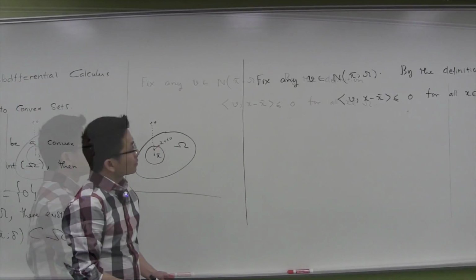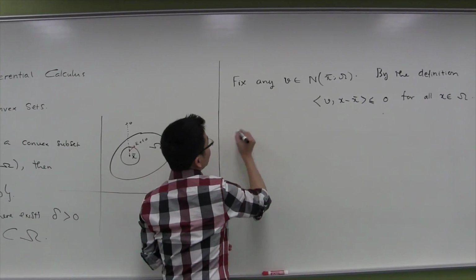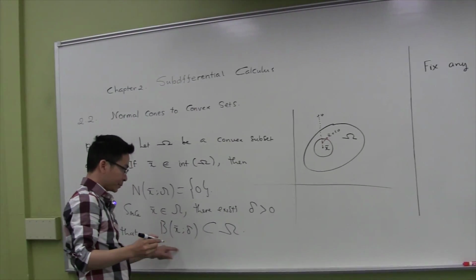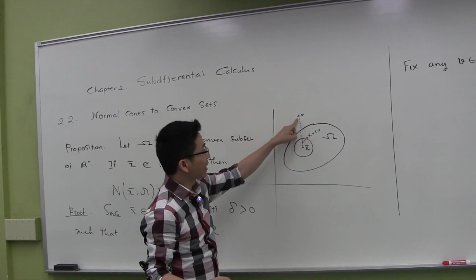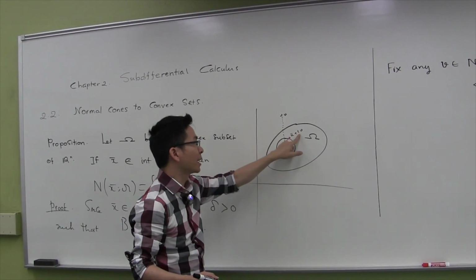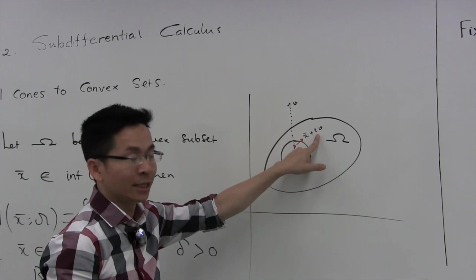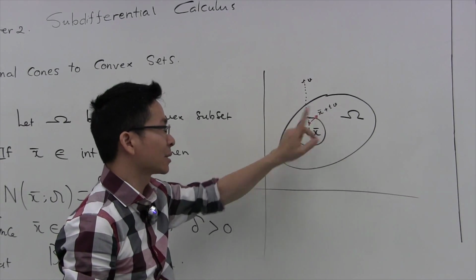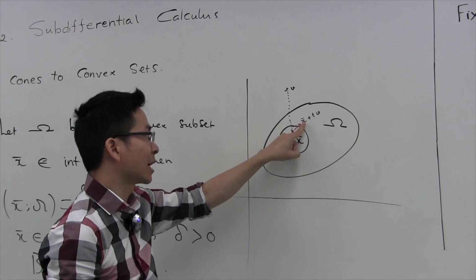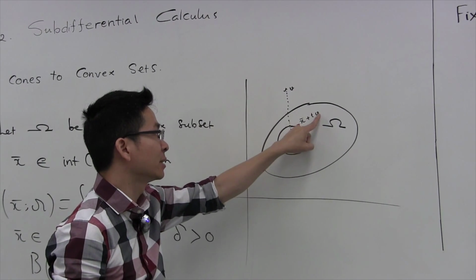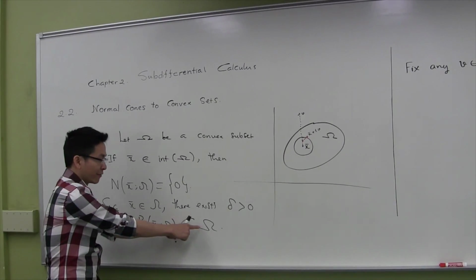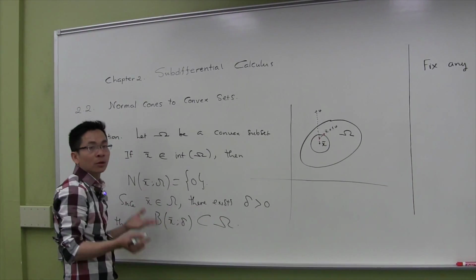Now, here is the vector v. If we multiply v by a positive constant t and we add x bar, then for sufficiently small t, we have that x bar plus t v belongs to this ball, and therefore it belongs to omega as well.